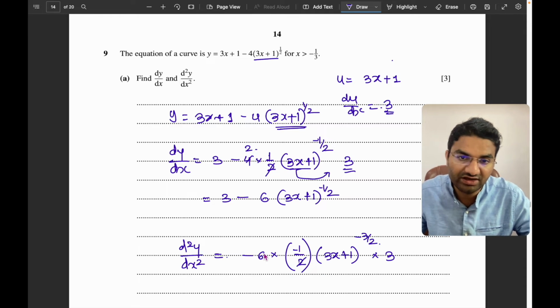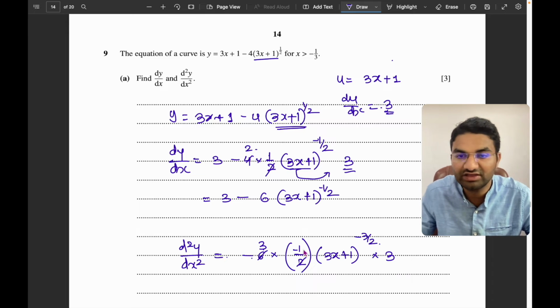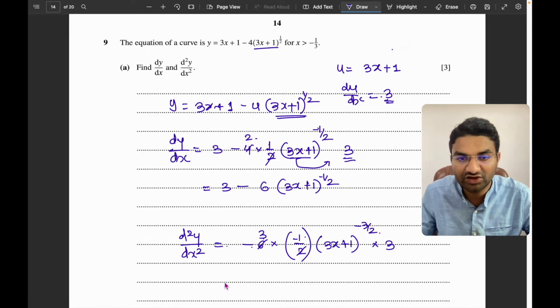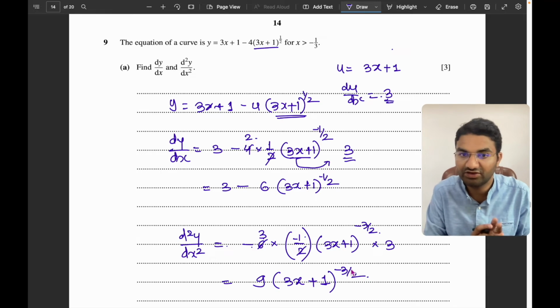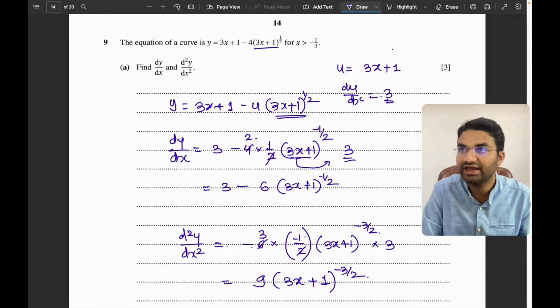Here negative times negative is positive, 3 times 3 is 9. So it will be 9 (3x plus 1) raised to negative 3 by 2. That's it. This is d2y by dx square.